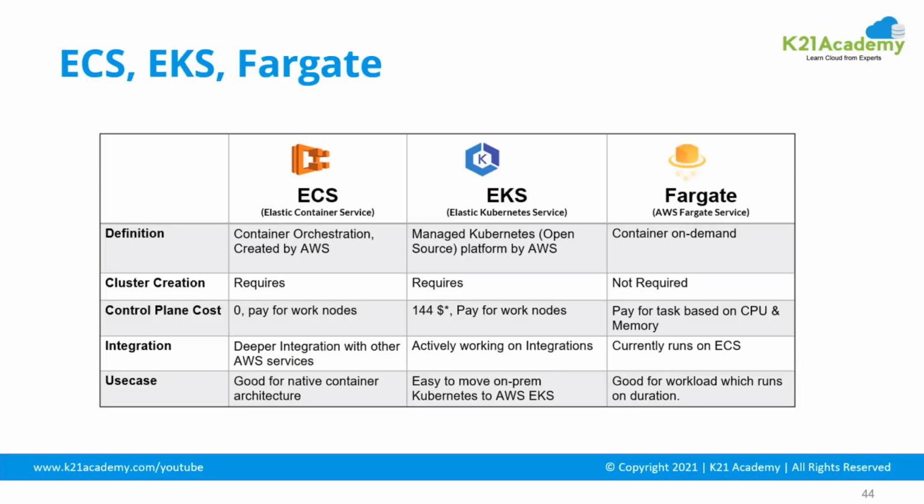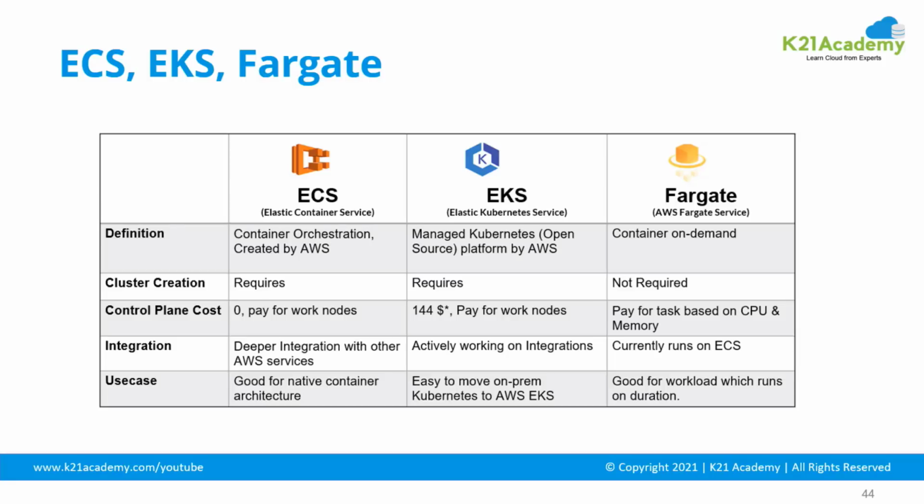Then you have Docker and Kubernetes in ECS, EKS, and Fargate. If you look at ECS, EKS, and Fargate, all three of them are containerized solutions, which are basically the underlying infrastructure on which you run your microservices.